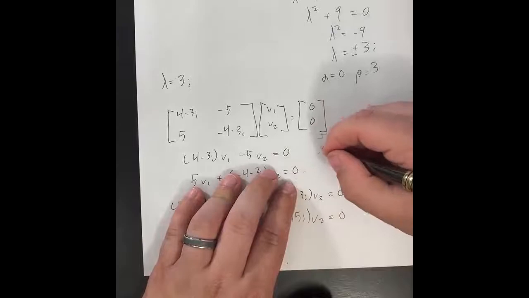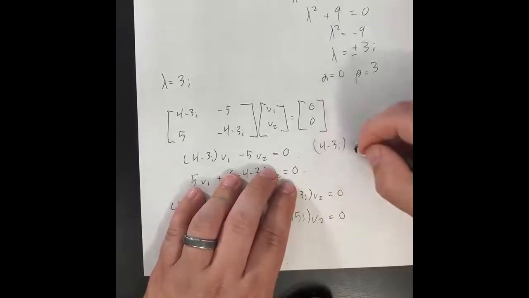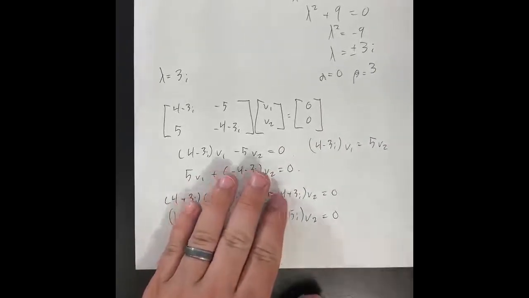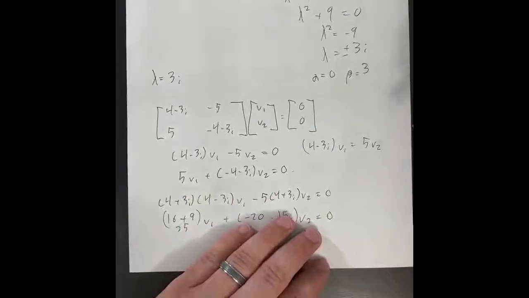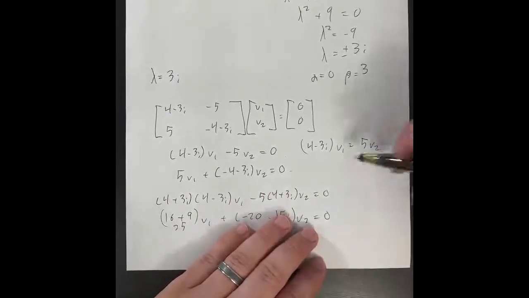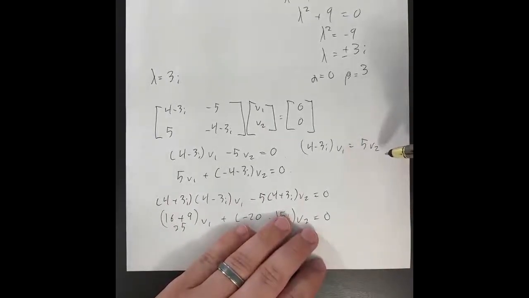So if I pick the first one, I have (4 - 3i) v1 = 5 v2. Okay, and then you can pick a number, say, if you pick v1 to be 1, then you can solve for v2.